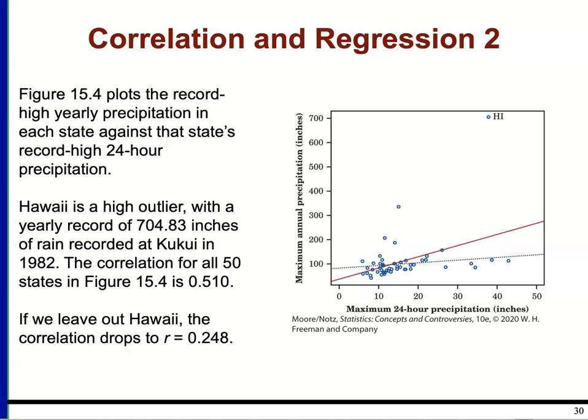So here our outlier made it look like we had a much stronger relationship than we actually did. And so sometimes when you have outliers, you see how much impact they can have on all of these calculations. So when you have an outlier, be aware that it can sometimes make a relationship look like it exists when it really doesn't.